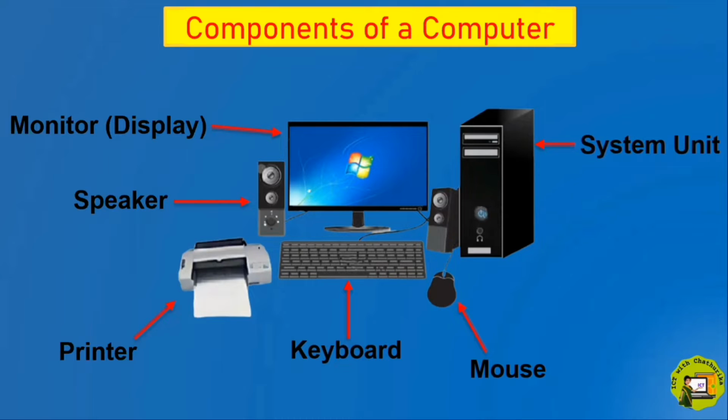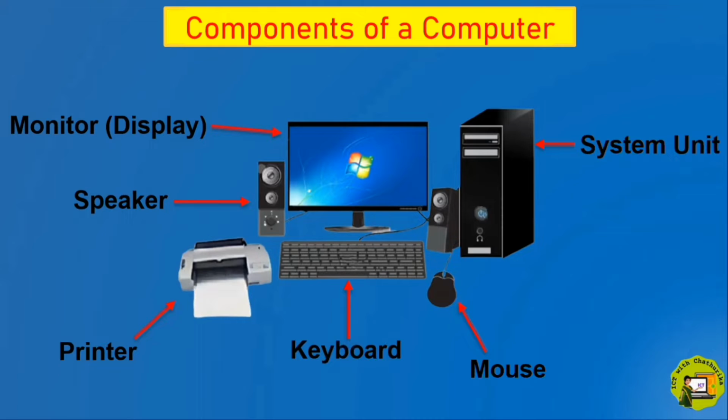I will talk about this later. These parts of the computer and some other devices are connected together. So the basic parts of a computer system are monitor or display, speaker, printer, keyboard, mouse, and system unit.